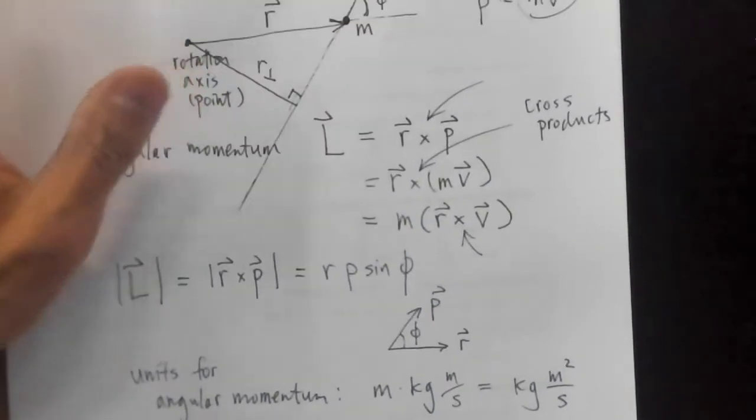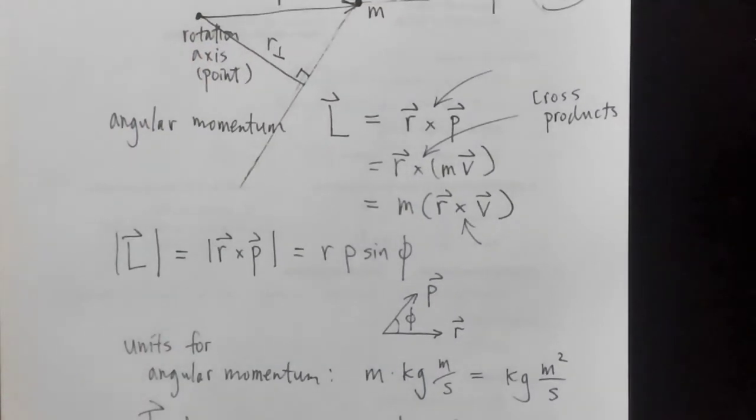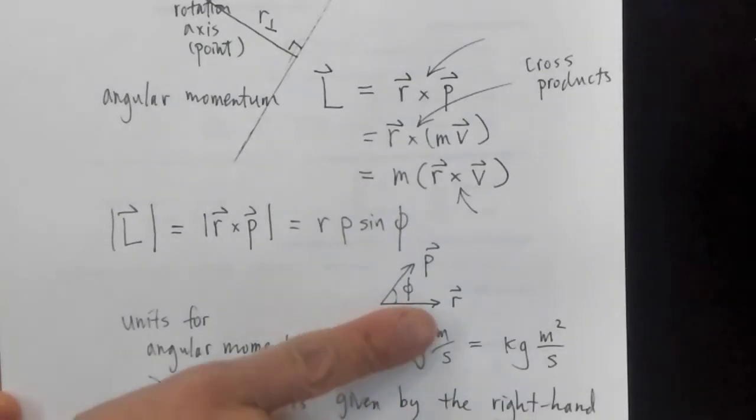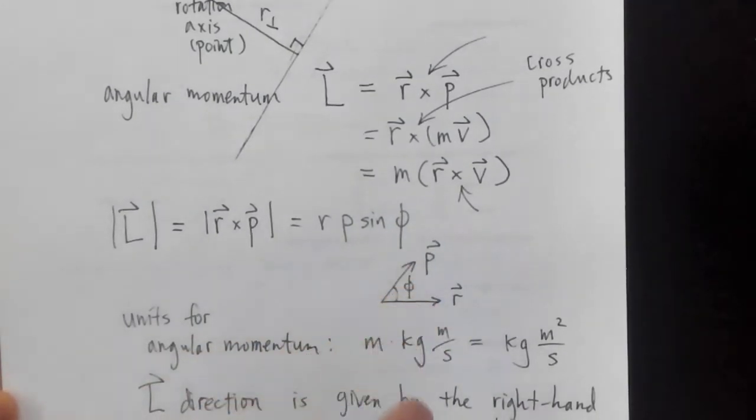Okay, so what we would do is we'd say into the page. We wouldn't say negative or positive, because people would get confused which one it is. Let's just do this case. Let's say R and P are in the plane of my sheet or the screen. We do R cross P: put the fingers in the direction of R, rotate my wrist to flick to P, stick out my thumb, so it's going out of the page. Out of the screen.